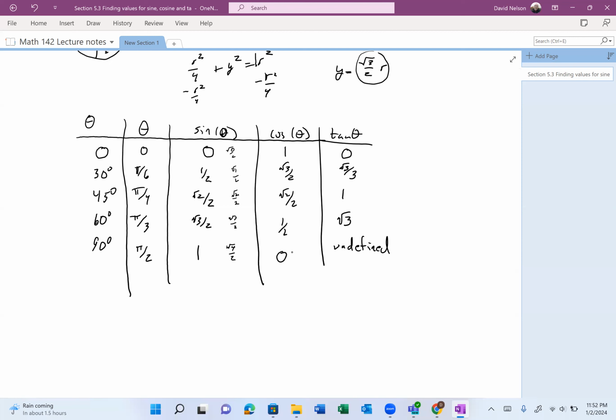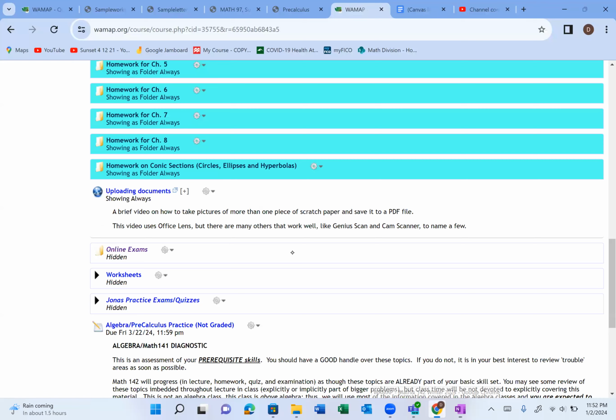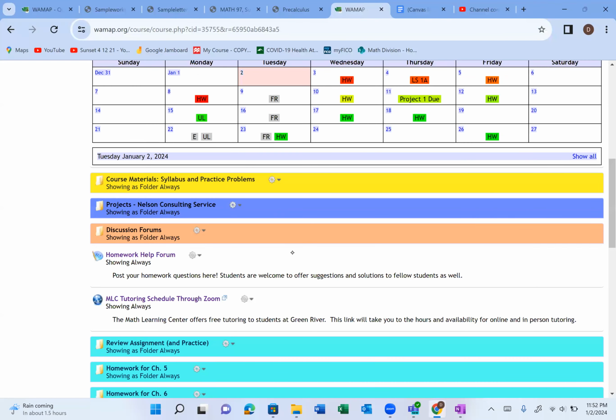Okay, so there's a handful of special values. We can also get values out of our calculator, instead of using your brain power, if you've got an angle that's not one of these special ones and you need to know the values of sine and cosine.